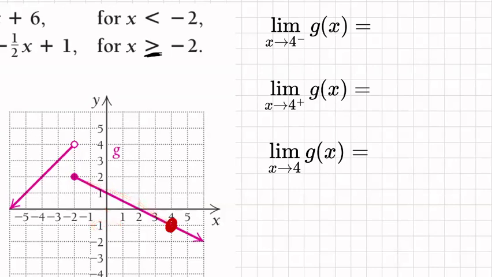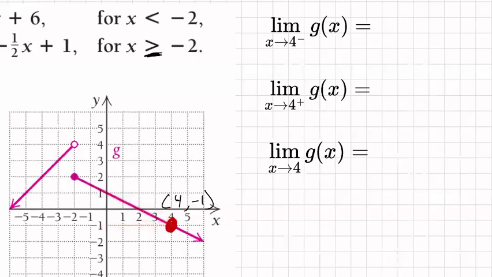Now, the ordered pair happens to be (4, -1). But the way the limit approaches it, remember, we're not just plugging in 4. We're asking, what's going on with all these ordered pairs here? As we look at all of them, we can see nice agreement that the pattern we're following is pointing at -1.